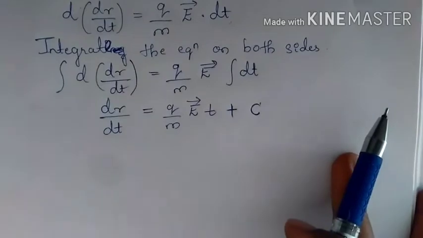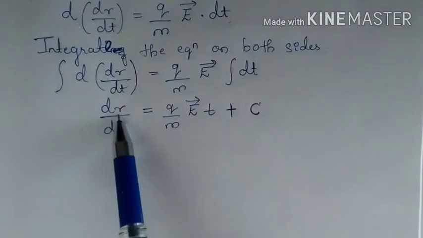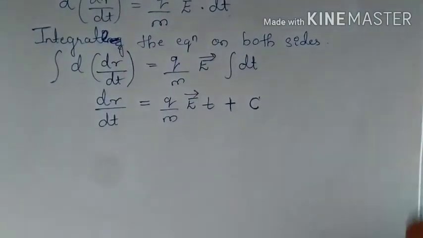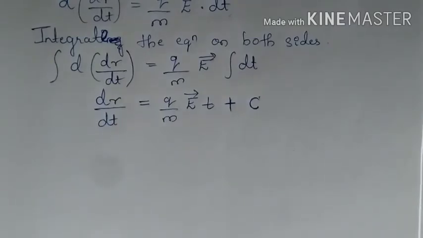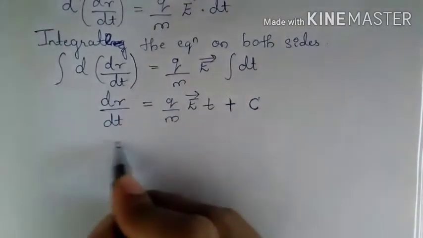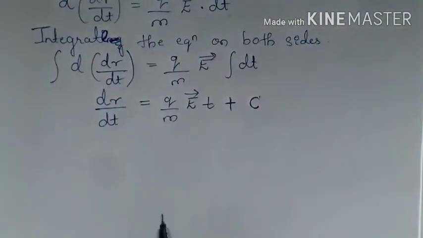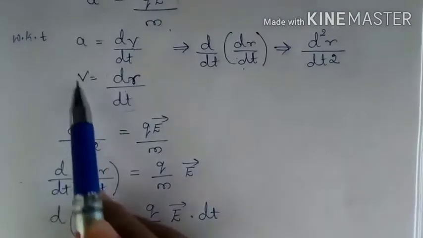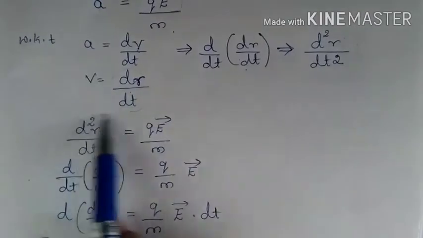So now you have another equation: dr/dt is equal to (q/m)Et plus c. But we know that dr/dt is what?